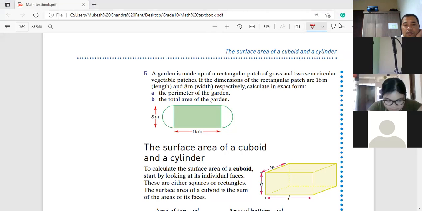This is the shape of the garden. A garden is made up of a rectangular patch of grass and two semicircular vegetable patches. So this is a rectangle, 16 meter long and 8 meter wide.